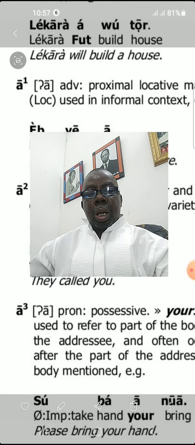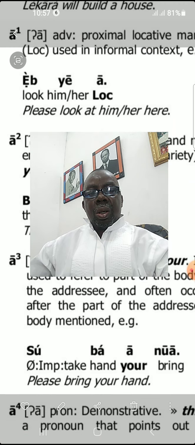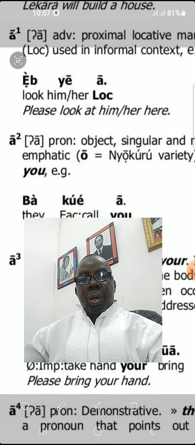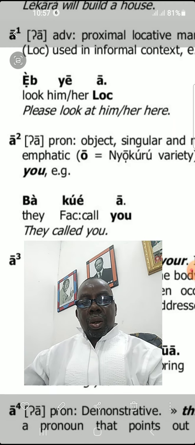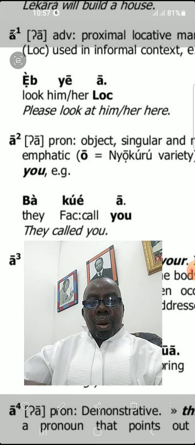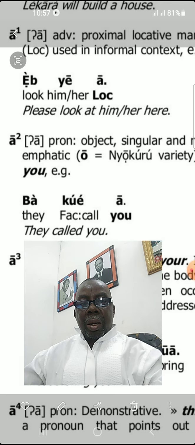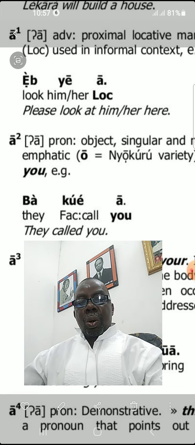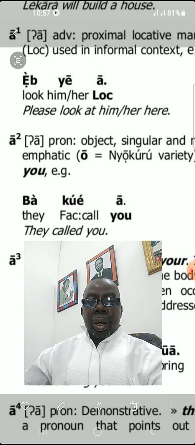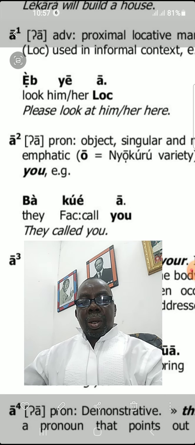So now let me show you another instance. You now see this one, which is Ba. Ba means day in Kana. The word ba with a low tone is spelled with b and a, and a low tone is placed on the letter a, and you pronounce it as ba.